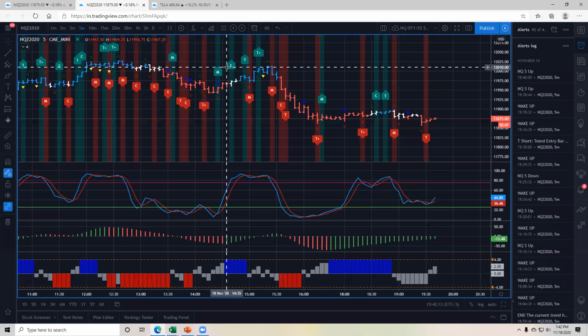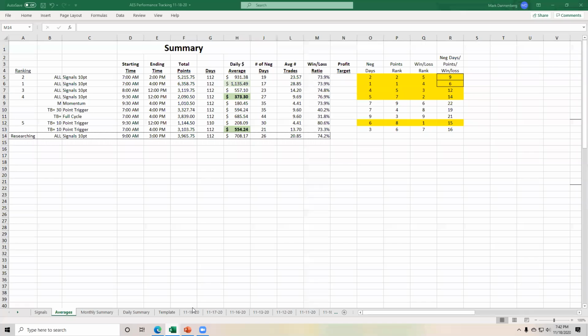Mark, how about fractals only from 7 to 9:20, I guess? Yep. Let's see. And then from 9:20 to 9:40 is looking to skip market open. Where is that? Just right here. So what are the times, guys? 7 to 9:20.